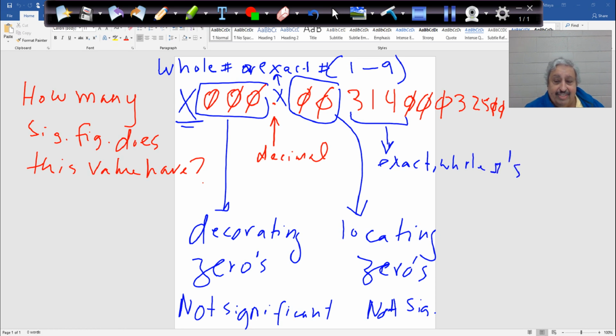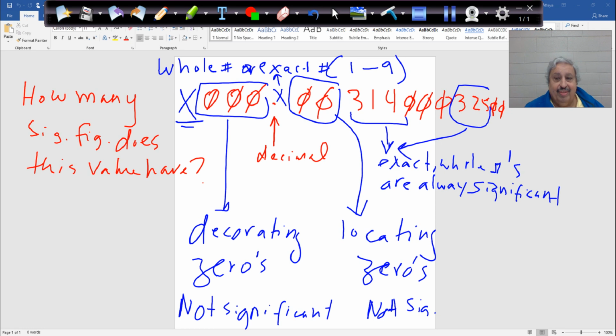There's always significant. And with those two here, from 1 to 9, those are always significant. Now, those zeros here are called trapped zeros.